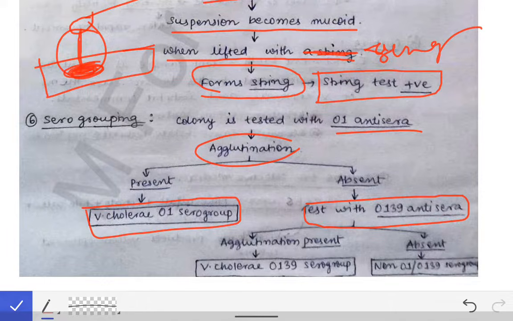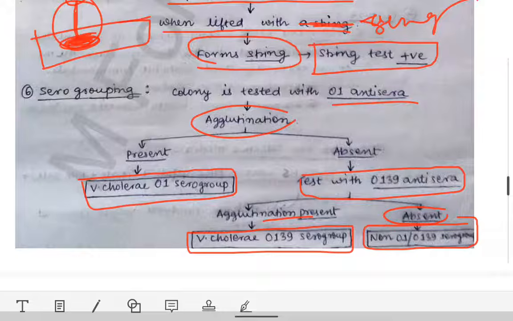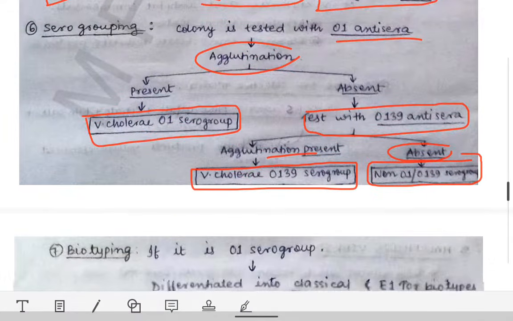If now there is agglutination present, then we can say it is a Vibrio cholerae O139 serogroup. If again agglutination is absent with O139 antisera also, then it is a non-O1 non-O139 serogroup.